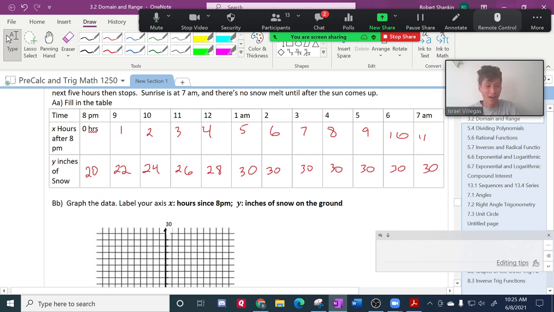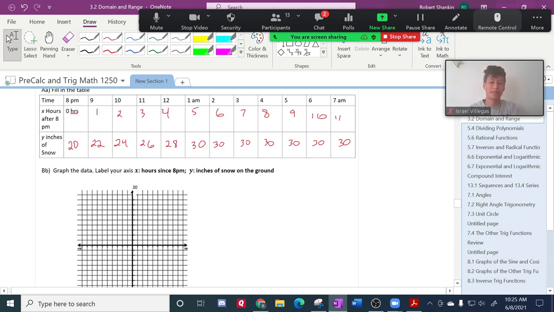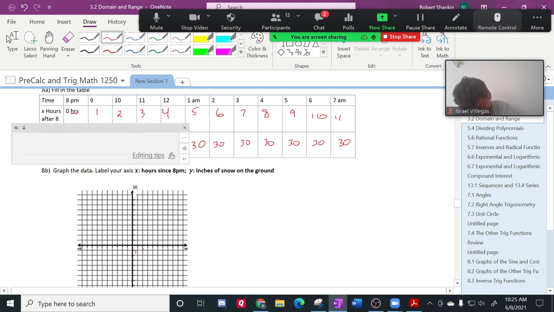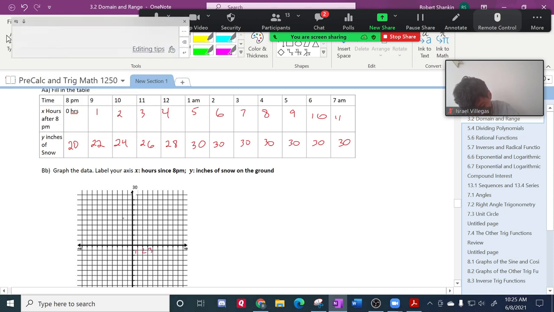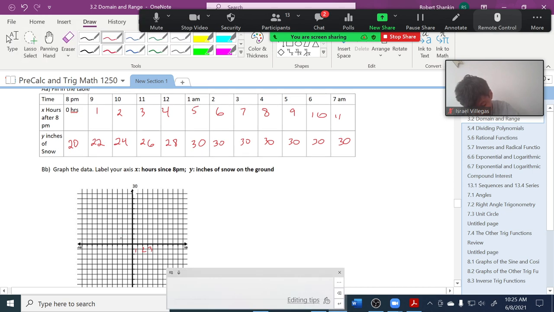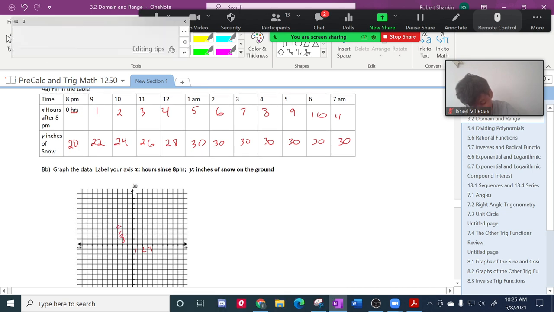All right, so then we go and graph this. And so I'm going to transfer these over. At 0, it's 20. Now notice these are by 1s. And these, to get up to 30, had to have been by 3s. Okay.